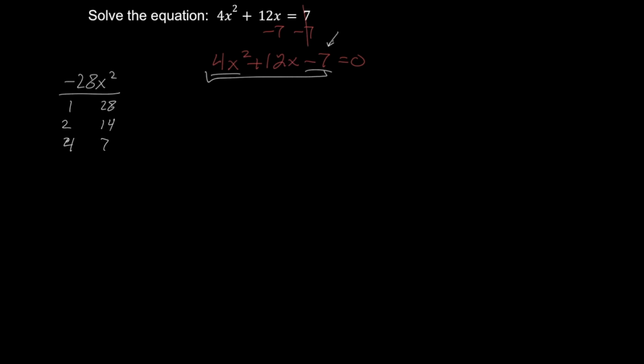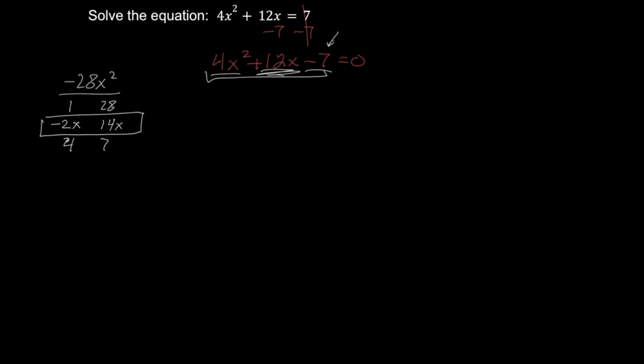I think that's the last combination. Since it multiplies to be a negative, I know one of the numbers is positive and one of them is negative, but we have to add it to be a positive 12. So it looks like the numbers we're going to want are the 2 and the 14, with the 2 being negative. And of course, adding an x to each.